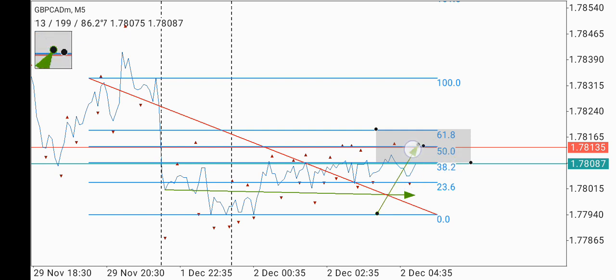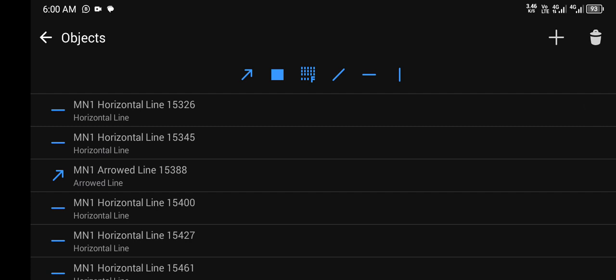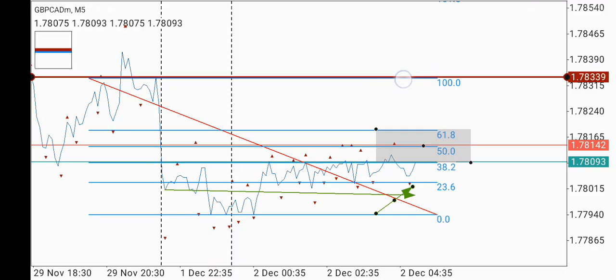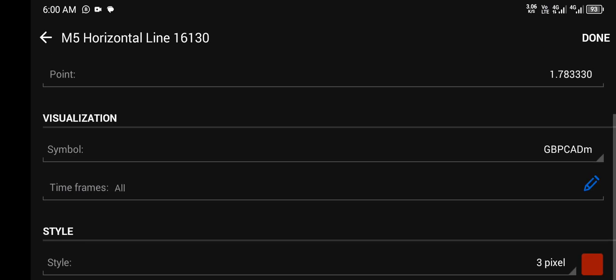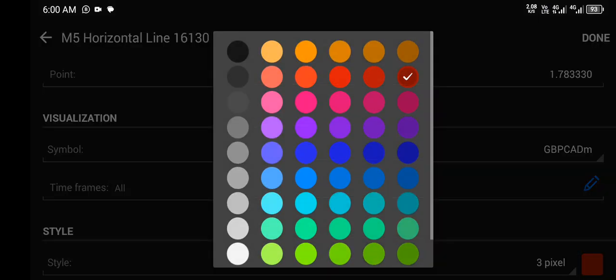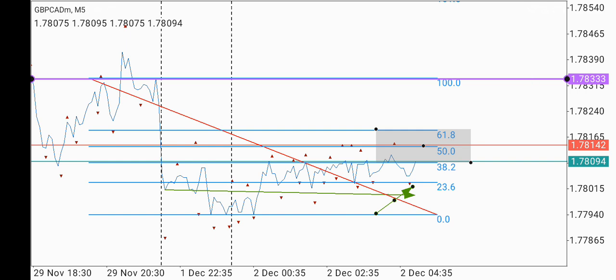So maybe even if you take a trade here, you can use this 100% as your stop loss. You can just place your stop loss here. So once you place your stop loss here, let me change the color. You can place your stop loss at this purple line, and wait for the reaction.